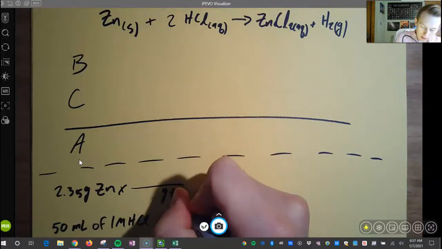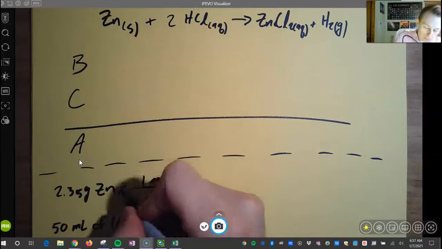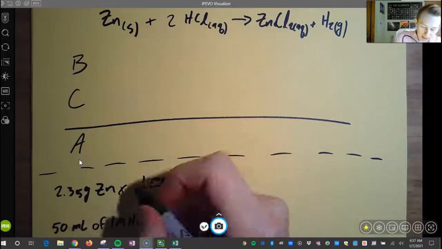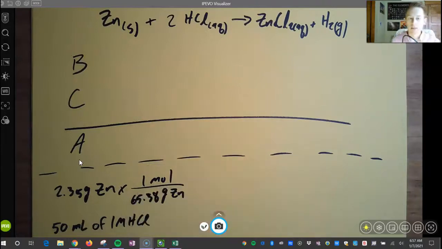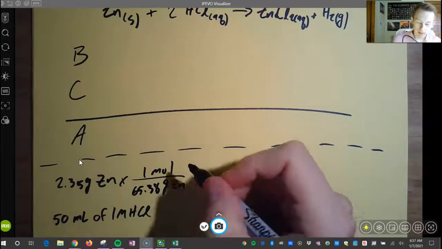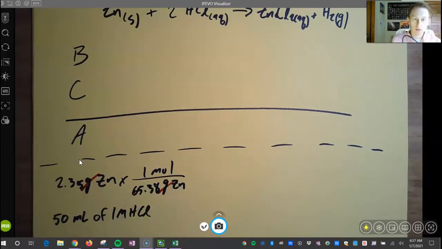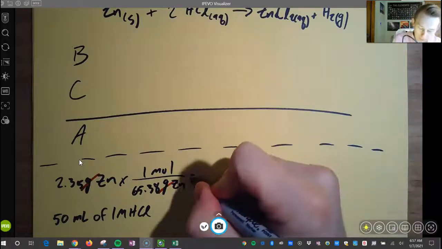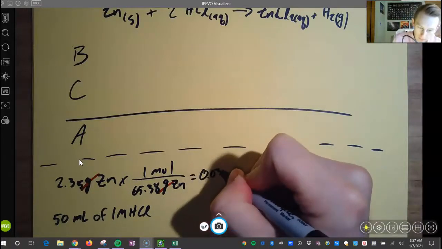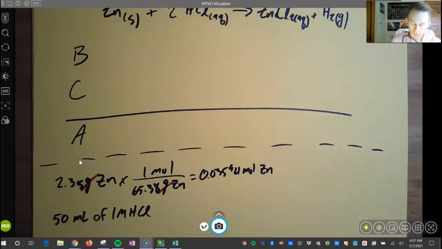So grams of zinc, and the molar mass of zinc is 65.38 grams. And so then we would just divide those. We get that.